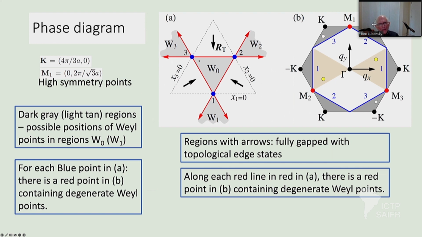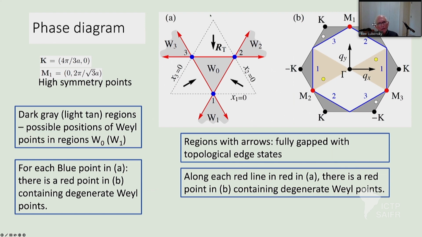So they then represent the boundaries, and the line x2 equals 0 passes through there, and it turns out that this is also the meeting point of two of them.